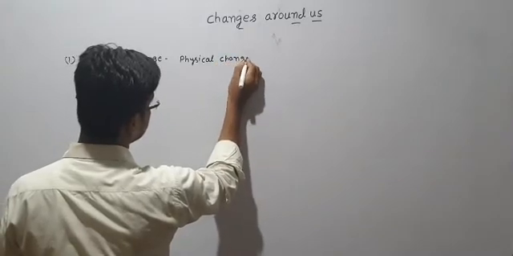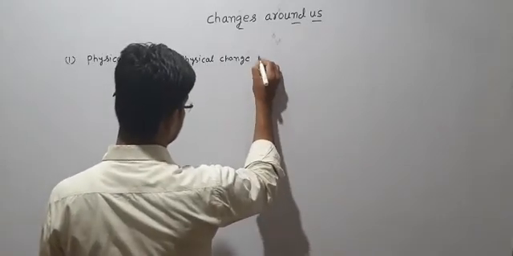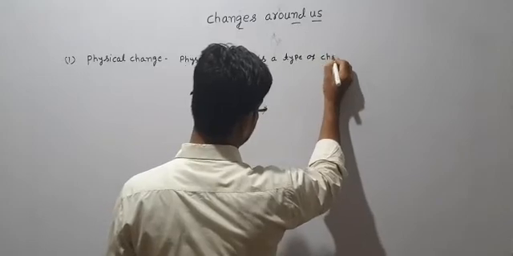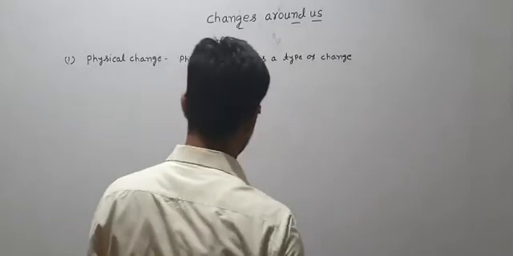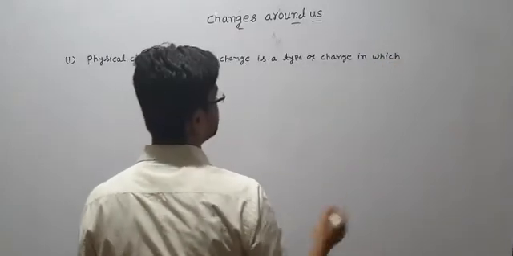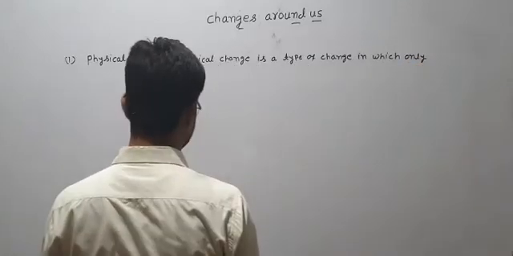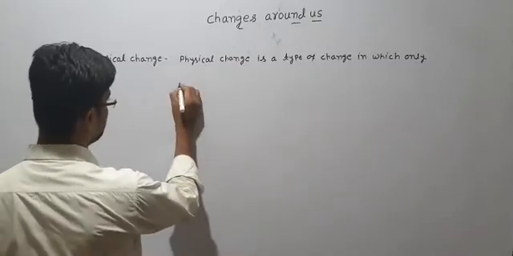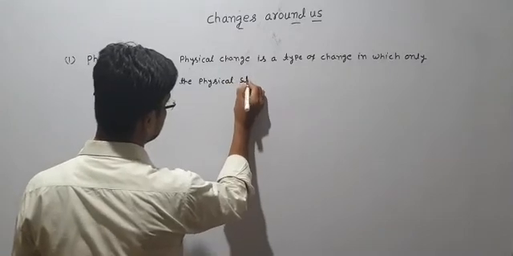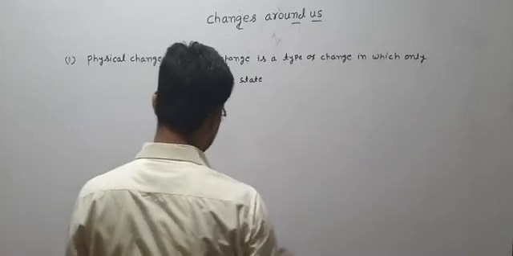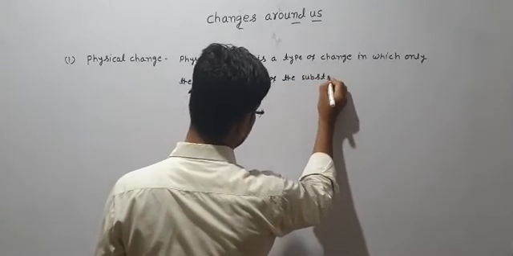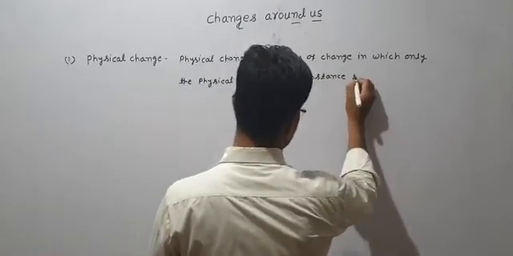Physical change is a type of change in which only the physical state of the substance changes.